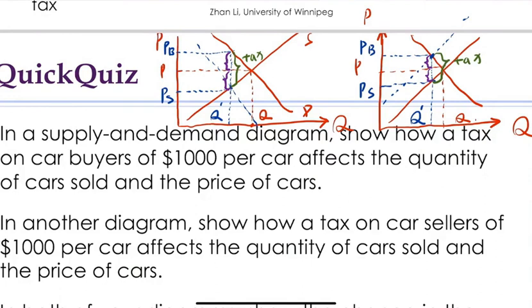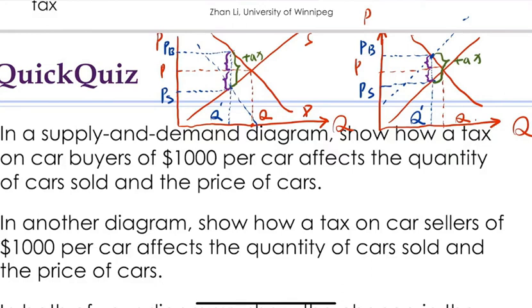in two graphs, it seems that the tax burden is equally divided among buyers and sellers. Well, this is because if you look at the supply curve and demand curve, roughly speaking, they have the same sort of elasticity, right?